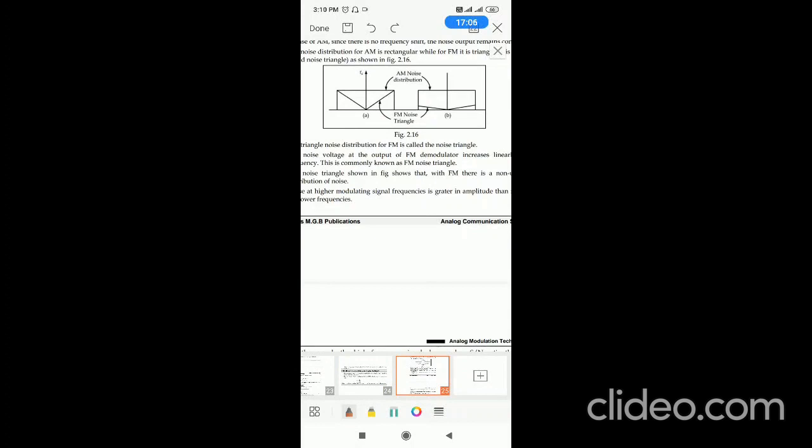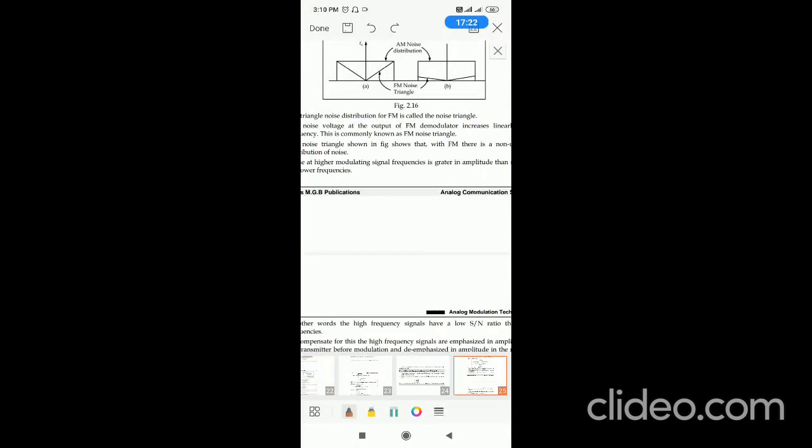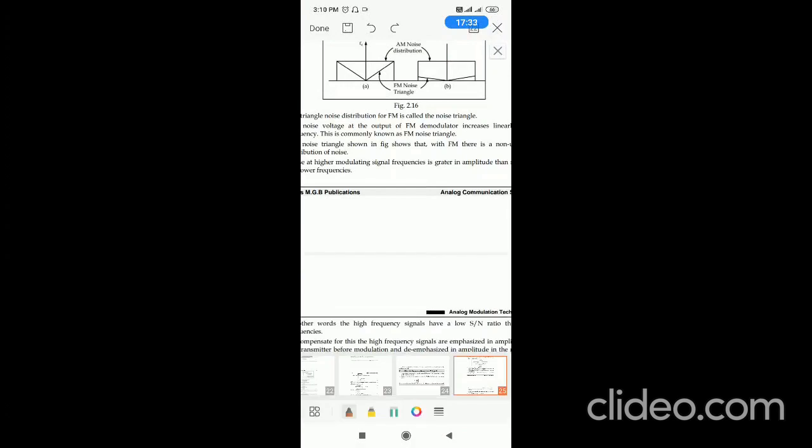the AM noise distribution is constant. Even though the frequency on the x-axis is increasing, the noise distribution is constant, whereas in FM, when the frequency of the message increases, the noise also slowly increases, whereas in AM it is constant.